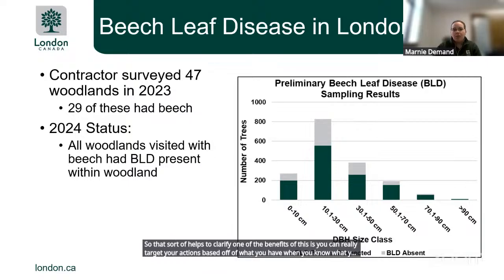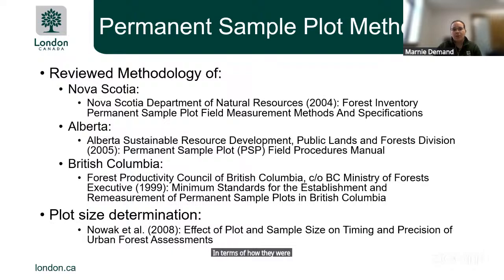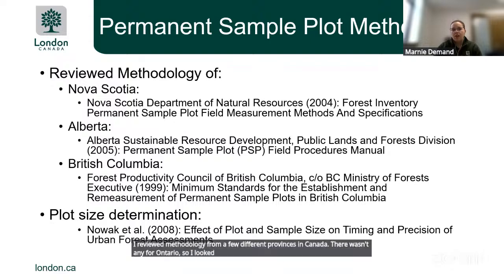In terms of how they were developed and the methodology for that, I reviewed methodology from a few different provinces in Canada. There wasn't any for Ontario, so I looked at Nova Scotia, Alberta, and British Columbia's methodology. These are for slightly different purposes than what the City of London was looking at, so it was revised a bit.